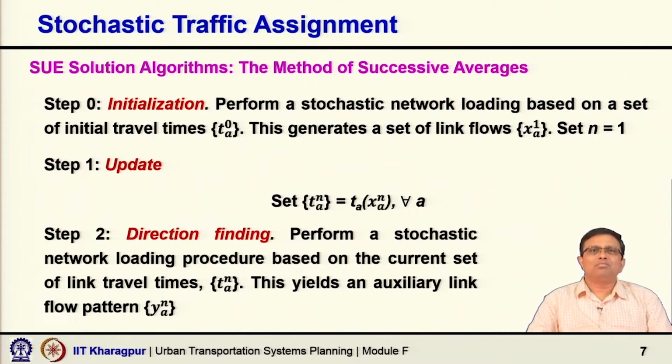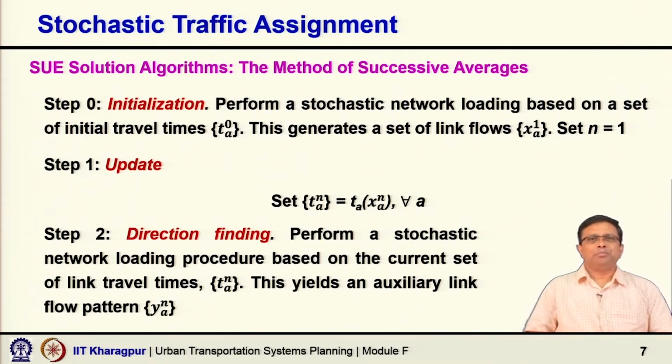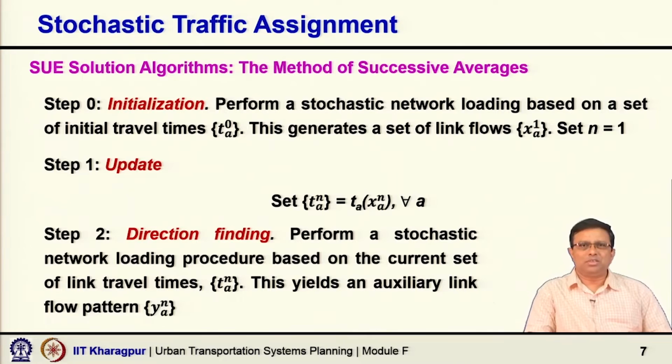We know the initial travel time, the 0 flow travel time is known, and this generates a set of link flows x_a^1. Set n equal to 1, n is the number of iterations. Then what we are doing? We now know how much flow has been assigned initially in the initialization part. So, based on that, what is the travel time?